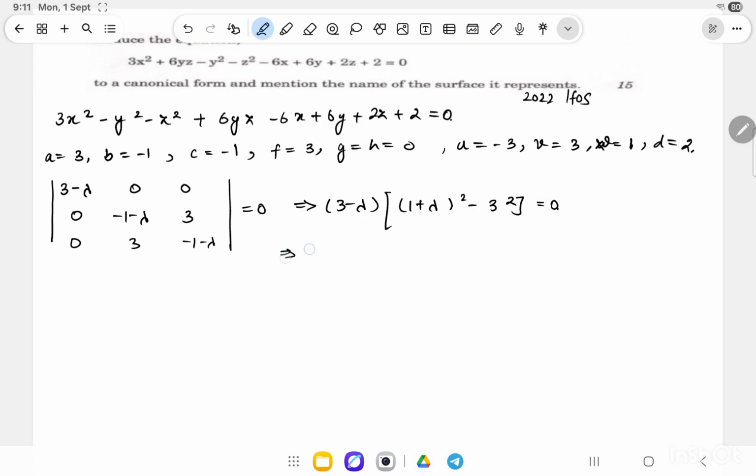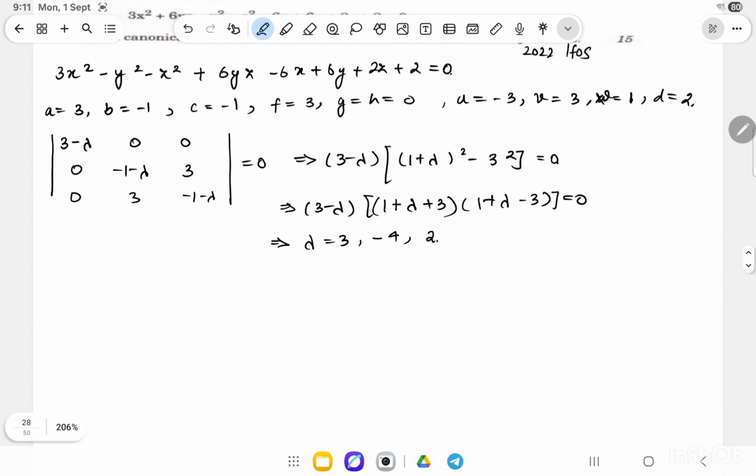If I simplify it, I'll be getting (3 minus lambda) into (1 plus lambda plus 3) into (1 plus lambda minus 3) equals 0. So from here I will be getting lambda as 3, minus 4 and 2. So these are my 3 roots of the discriminating cubic, and all 3 roots are distinct.